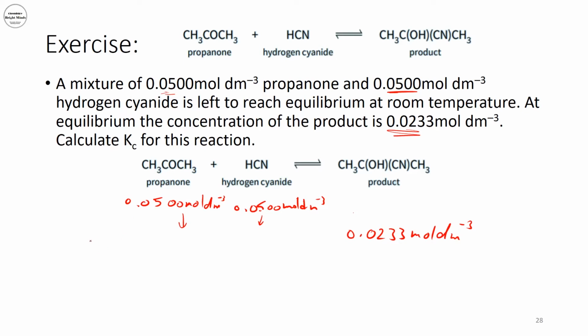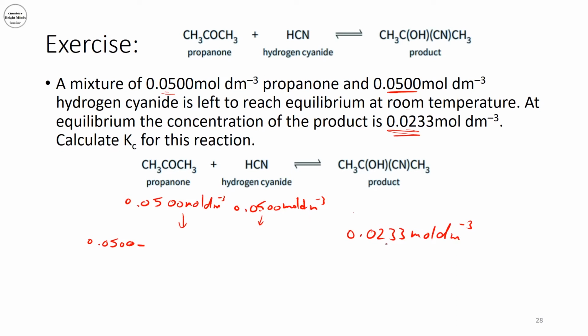So we could assume that it is equal to 0.0500 minus the concentration of my product, because they will all exist in the same container. So I started with 0.05 propanone.